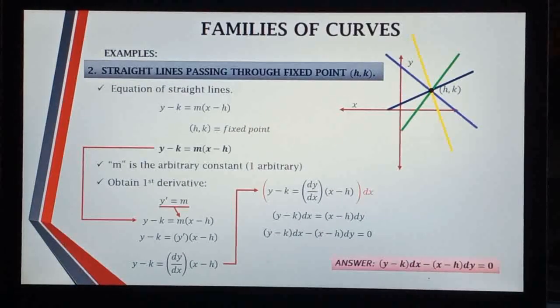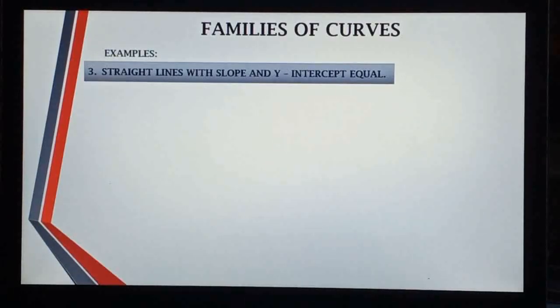Then let's go to example number 3. Okay, example number 3 is a straight line with slope and y-intercept said to be equal. So in that case, you need to use the equation of a straight line in y-intercept form.